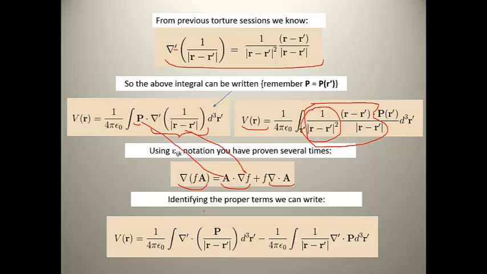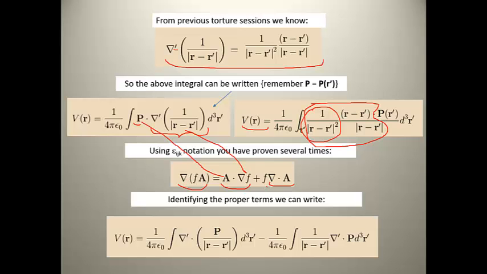So coming down here then, if we see that we're going to use our identity, then we'll have the divergence of this vector right here, and the function f is equal to 1 over this. So this is equal to this term right here. It's equal to this term.